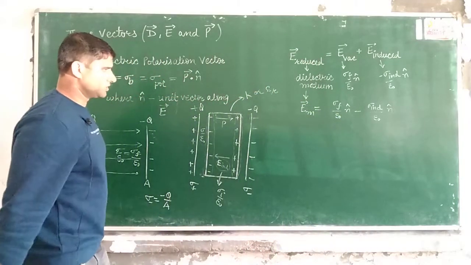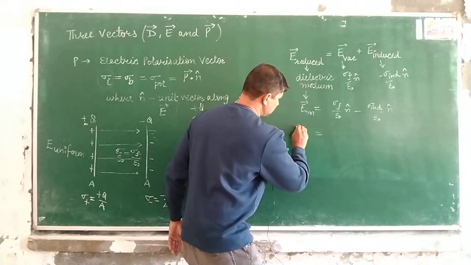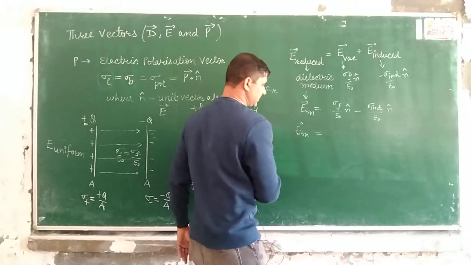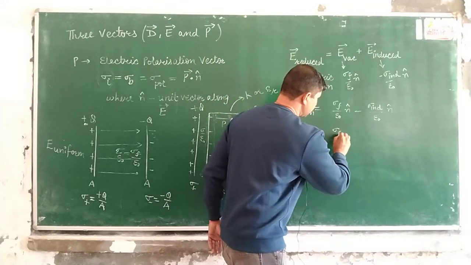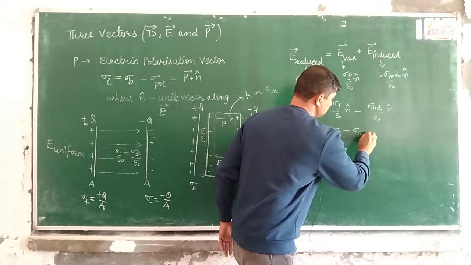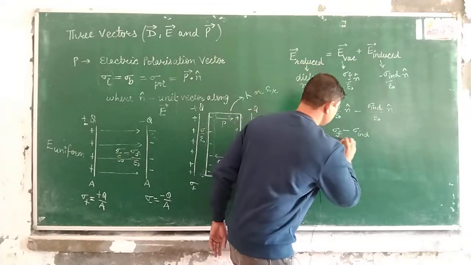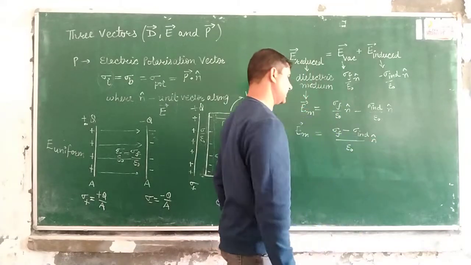So in this way you can find the value of E in the medium, and the medium is the dielectric medium, and here you will get sigma free minus sigma induced divided by epsilon node along n cap.